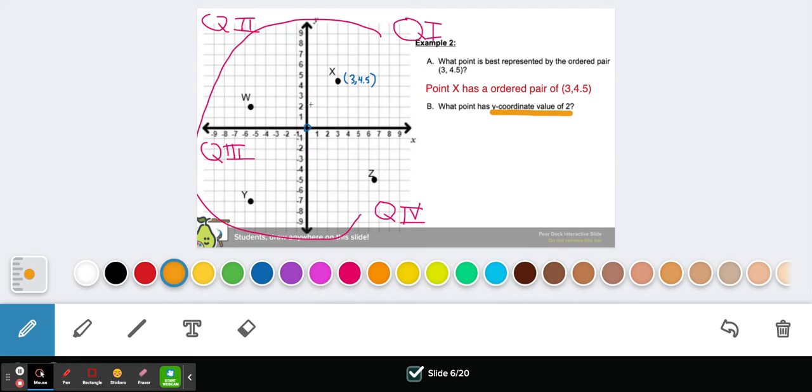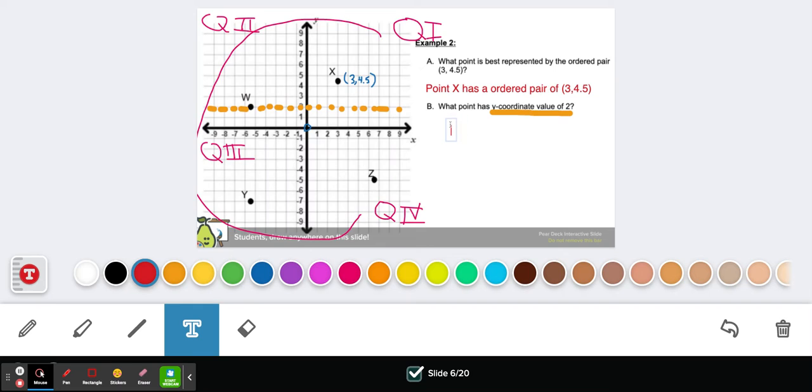Here I'm just going to draw a dotted line going this way, going that way. Every time they're talking about a y-coordinate at a value of whatever it may be, we draw this dotted line. It tells us that everything on that line has a y-coordinate of 2. The only point that has that is point W.